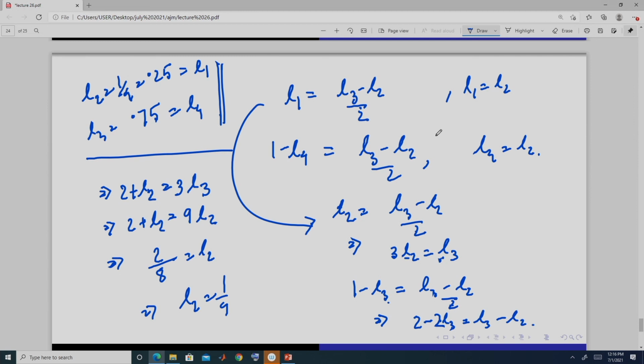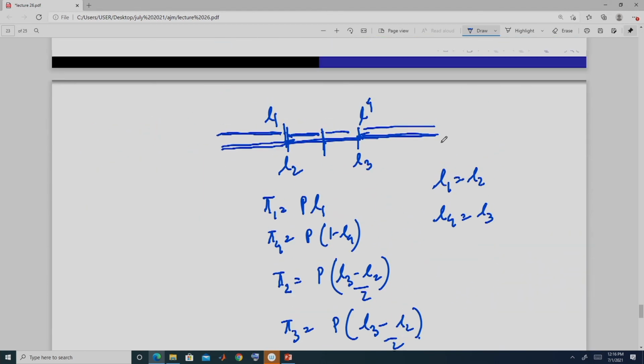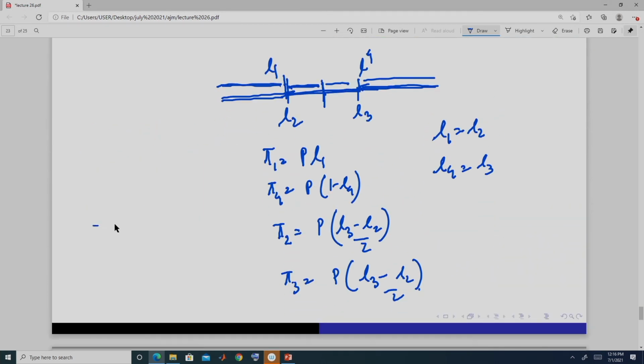So, here if you look at this diagram, it will be like this. This point is 0.25, so this distance is 1/4, and this is the location of farm 1 and farm 2.